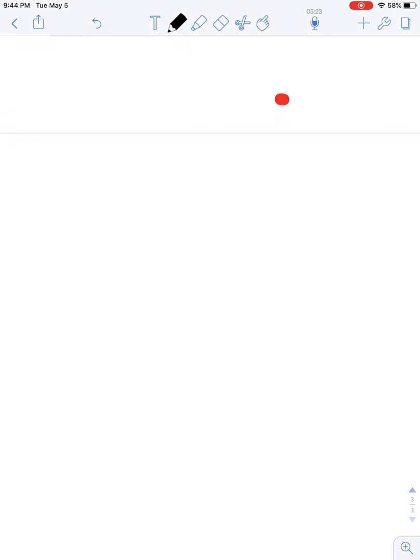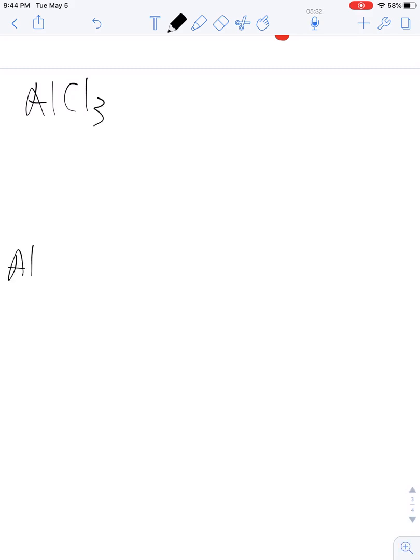Let's do another example. Suppose we've got aluminum chloride. When I look at the configuration for aluminum, I see it is neon 3s2, 3p1.